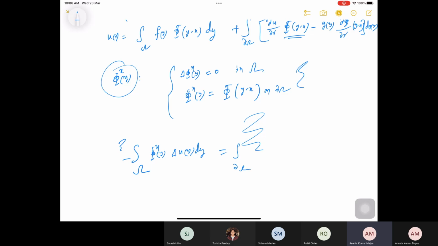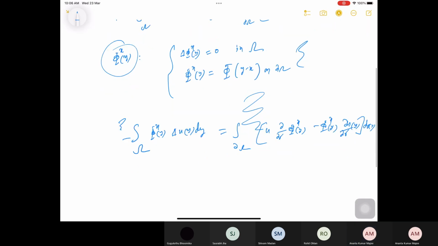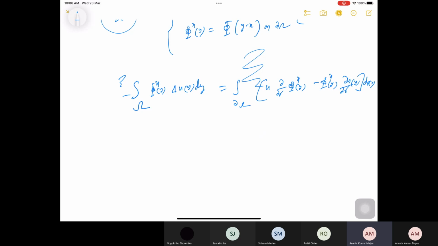This is the integral over the boundary of omega of u times the normal derivative of phi x of y, minus phi x y times the normal derivative of u of y, d sigma y. Is it not? This part I have.